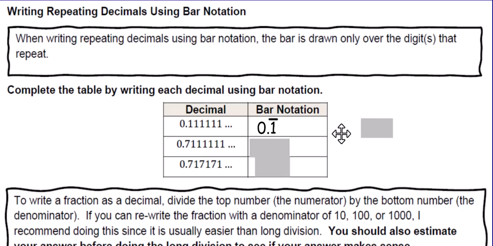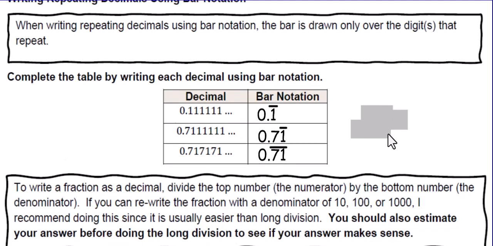The next one is 0.71111, etc. Since only the 1 repeats, we will put 0.71, but put the bar over the 1 since the 1 is the digit that repeats. And then our last example, 0.717171, etc. Both 7 and 1 repeat, so we will list both of them like we did for the prior example, but we'll put the bar over both the 7 and the 1 since they both repeat.